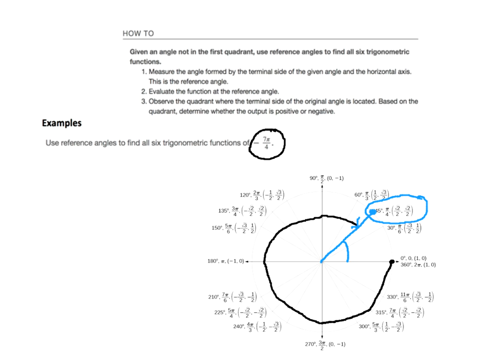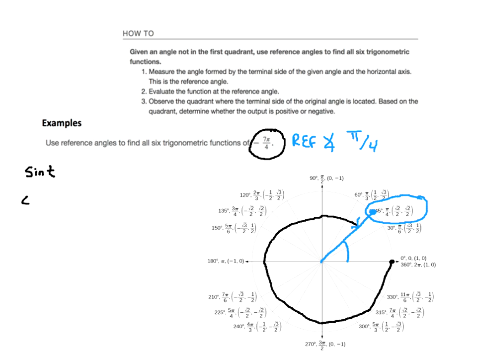So a negative 7 pi over 4 radian angle is the exact same thing as a pi over 4 radian angle. So our reference angle is pi over 4, or a 45-degree angle. But we're looking at it in radians right now. And we're asked to find the 6 trig functions.